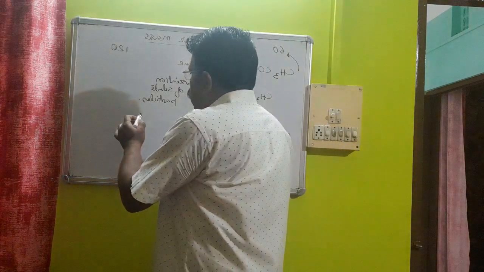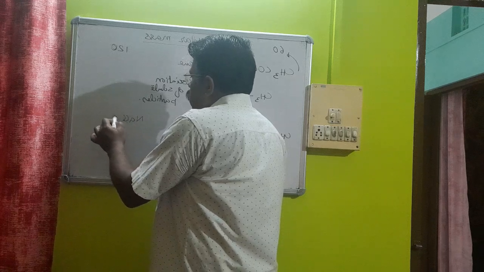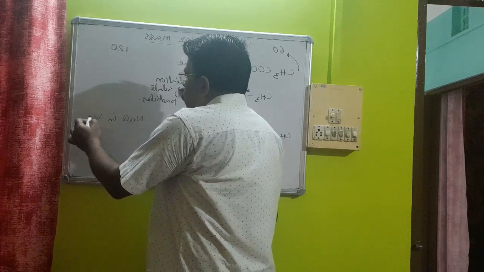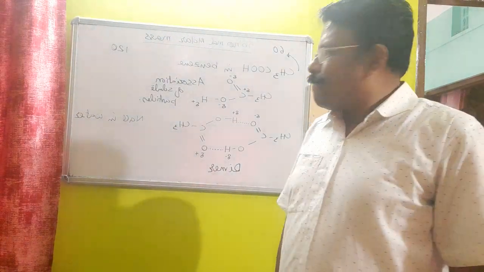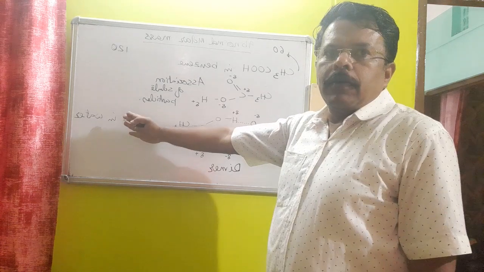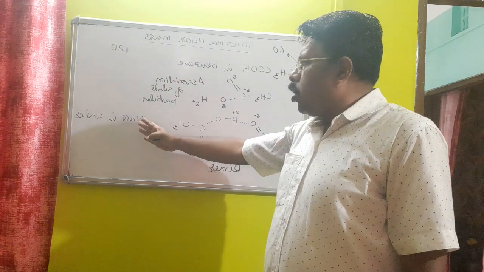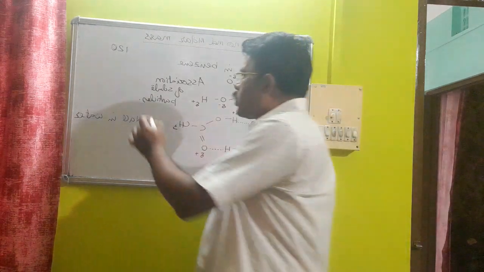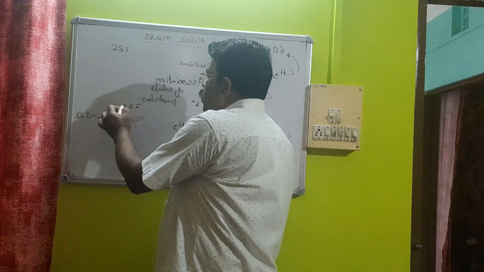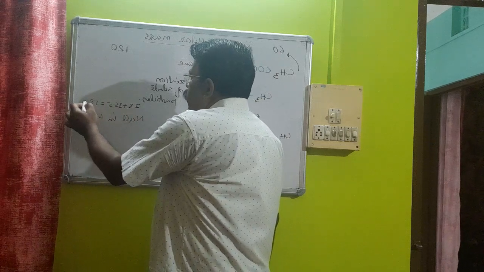Suppose we have another solution, sodium chloride in water. Sodium chloride is the solute here. The calculated or theoretical molecular mass of sodium chloride is 23 plus 35.5, that is 58.5.